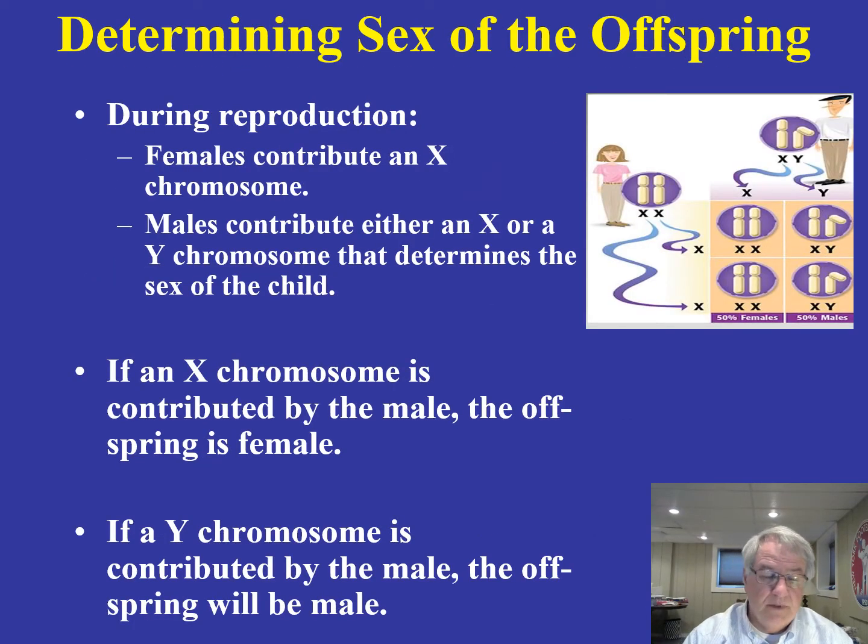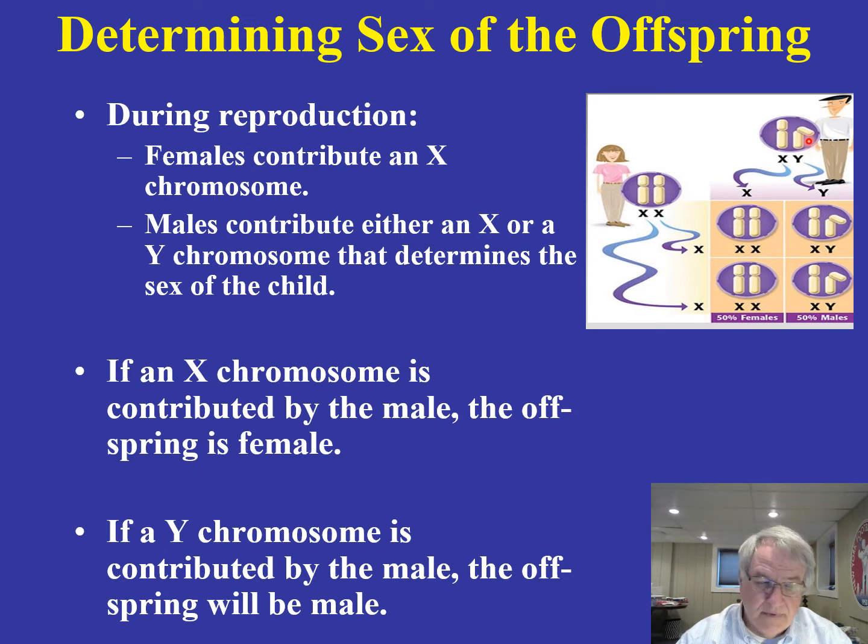So when we explore this determination that you see here, I think that it's represented very well in this diagram here. Here we have a female contributing, being designated as XX, male being designated as XY.